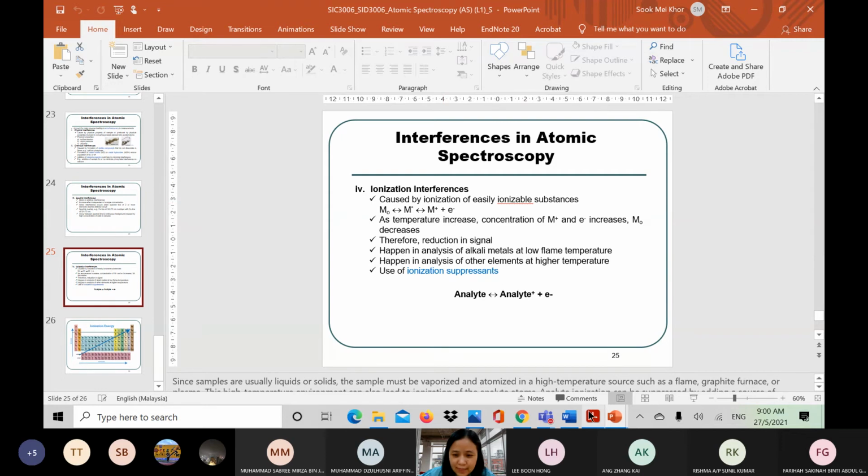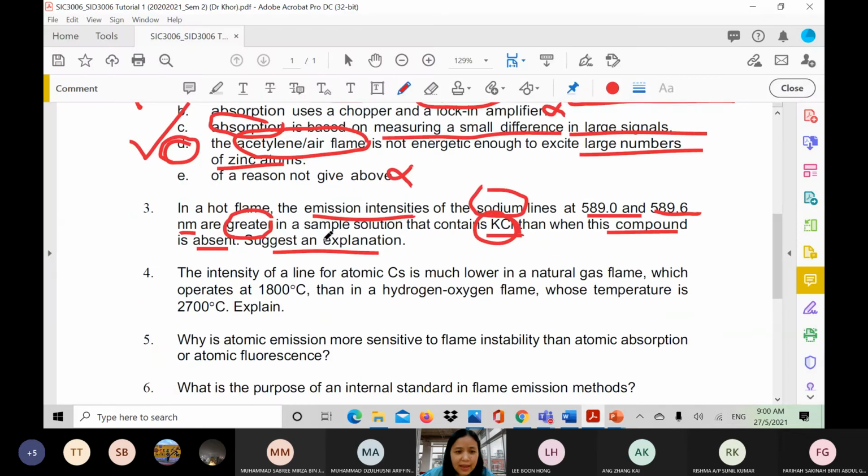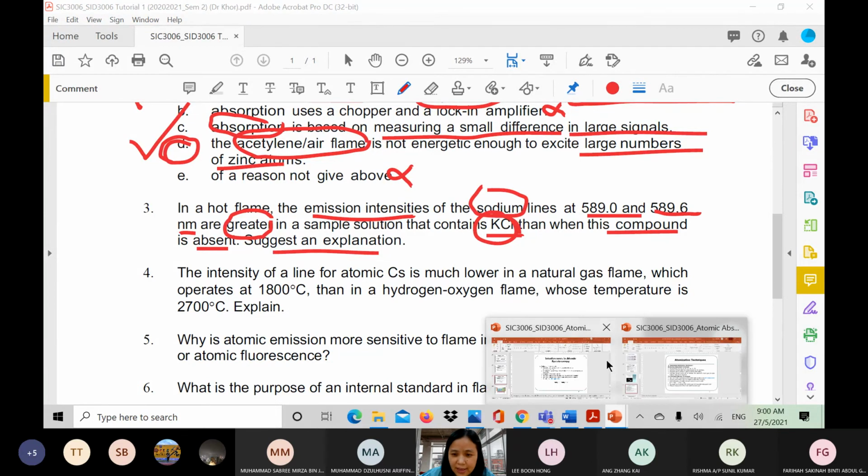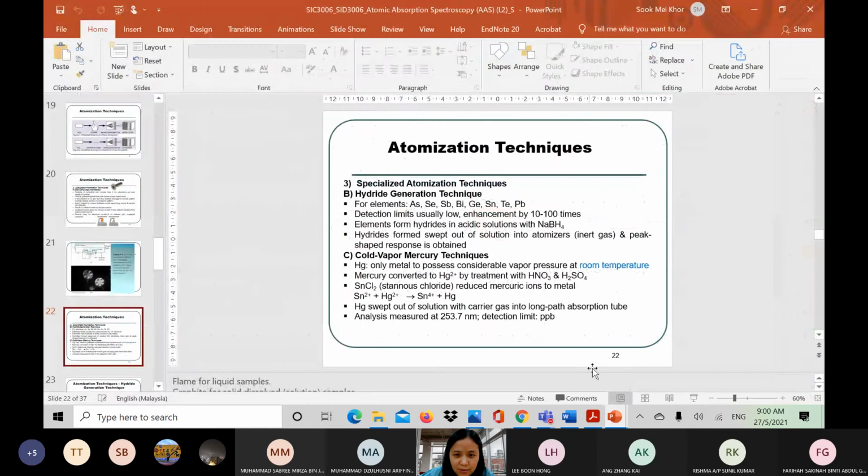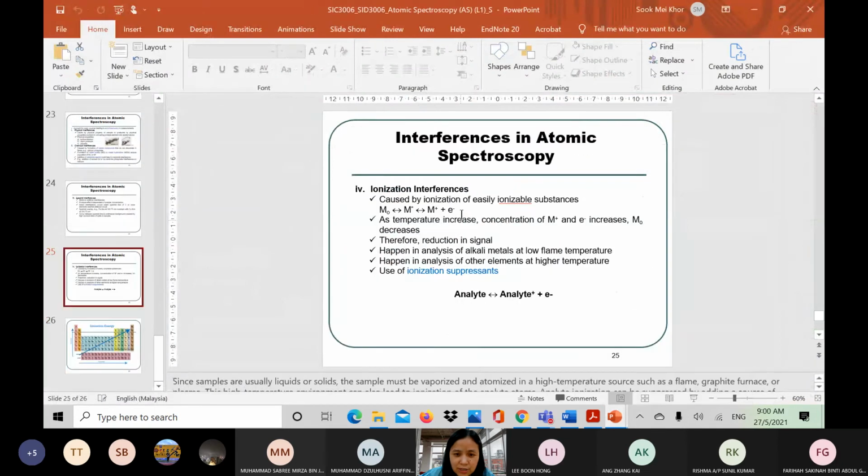So for this question, we get a better signal because with the presence of potassium in the sample solution, the potassium gets ionized first and creates a high concentration of electrons to suppress the ionization of sodium.